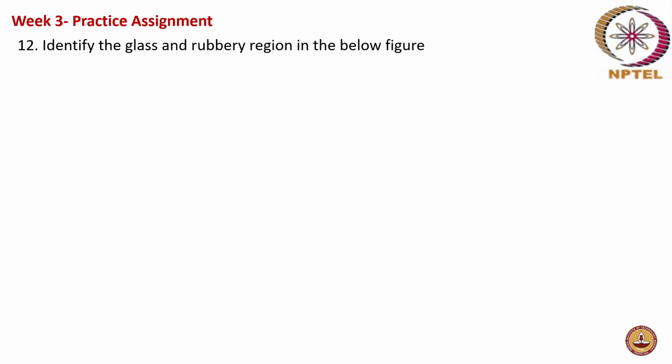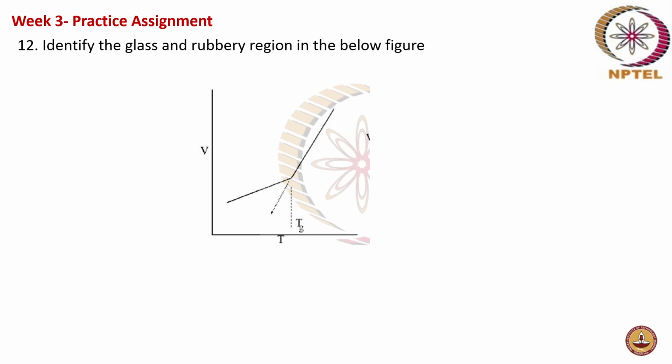Now, next question. Identify the glassy and rubbery regions in the figure below. So this is the figure. There are 2 regions. One region is where the slope of volume decrease is high, and the other region is where the slope of volume decrease is low.